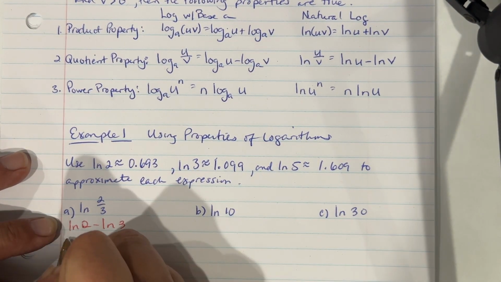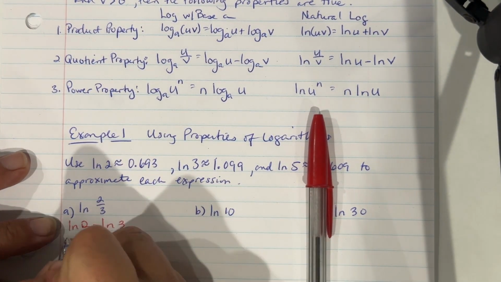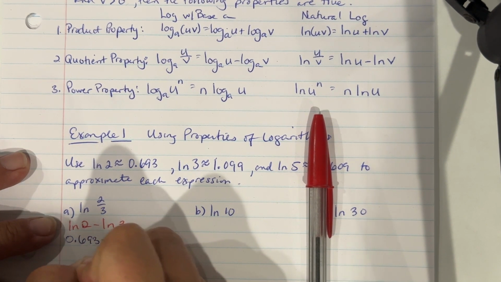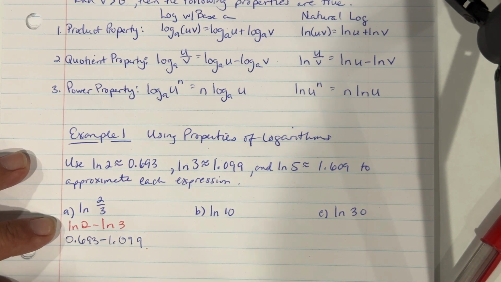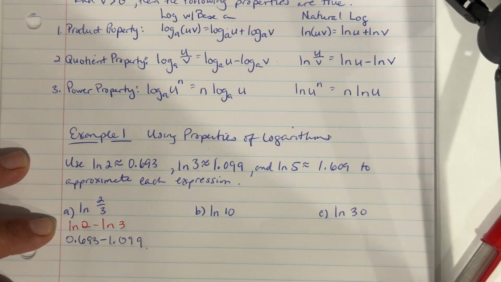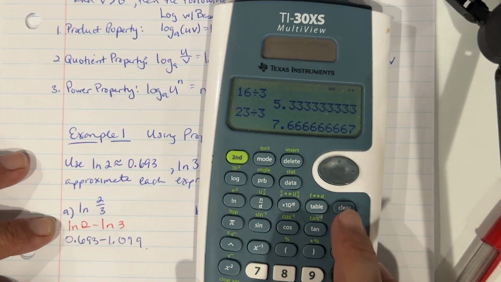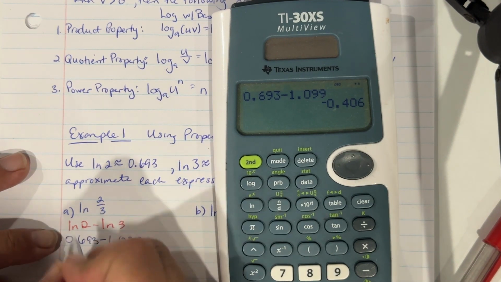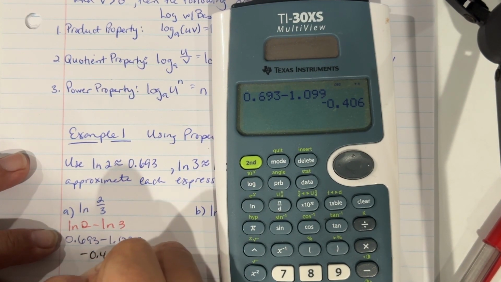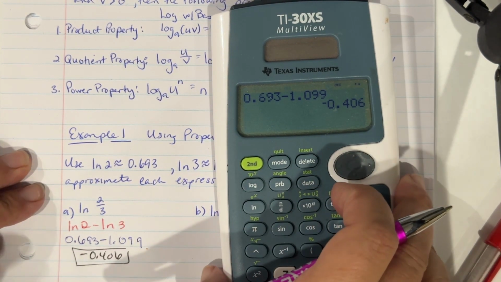So we're going to say 0.693 minus 1.099, and with our calculator we get negative 0.406.